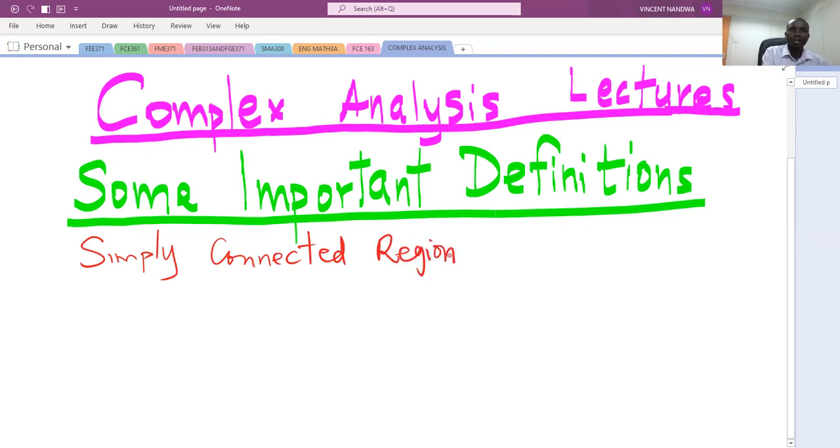So we start by defining what we mean by simply connected region.